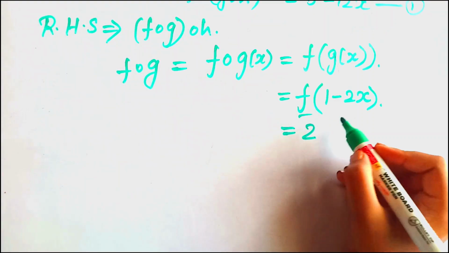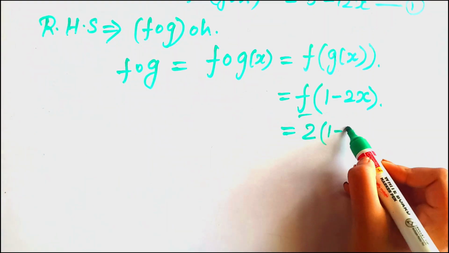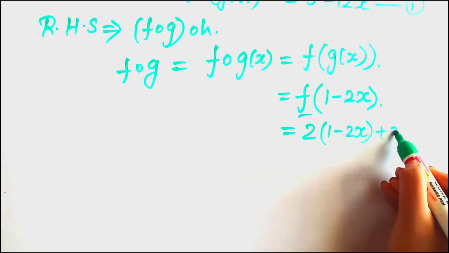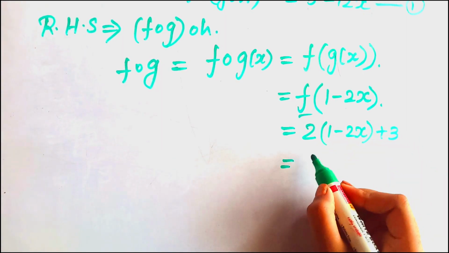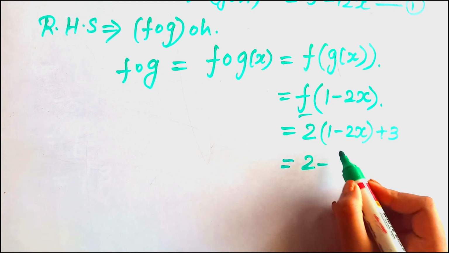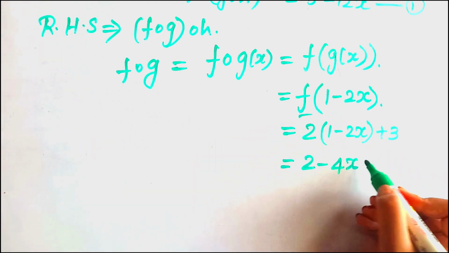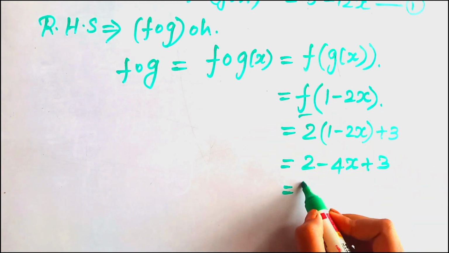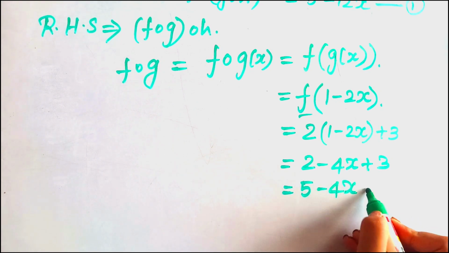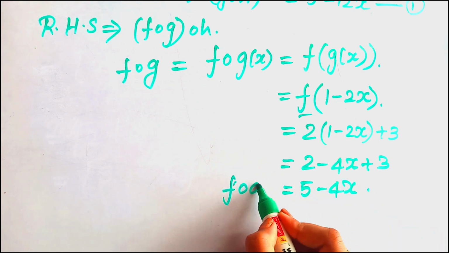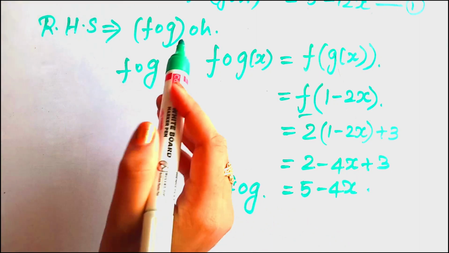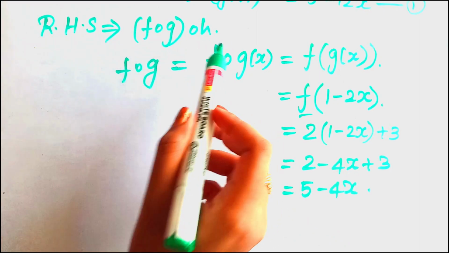So we got 2 into 1 minus 2x plus 3, right? Now let's calculate. 2 into 1 is 2, minus 2 into 2 is 4x, plus 3. Therefore we'll get 5 minus 4x. So this is our f∘g. Now we have to find (f∘g)∘h, right?